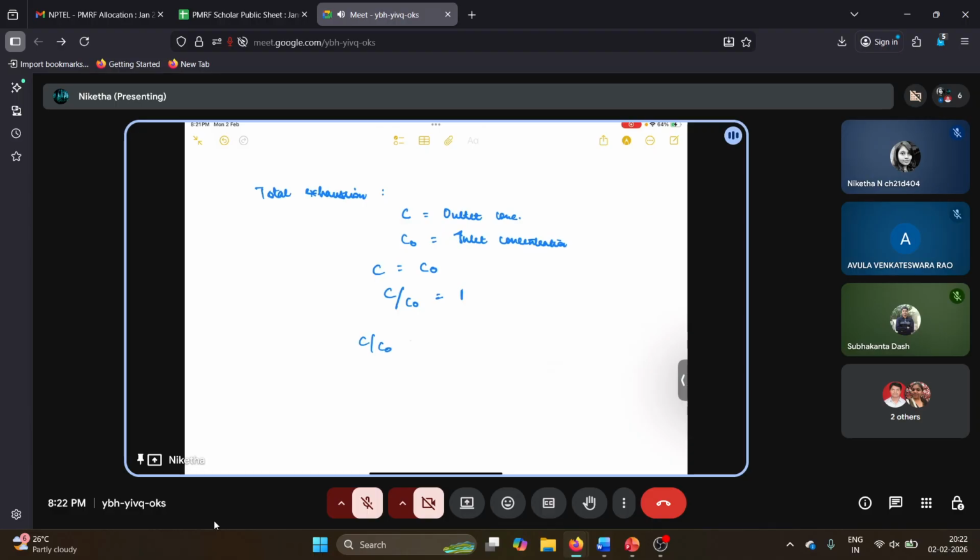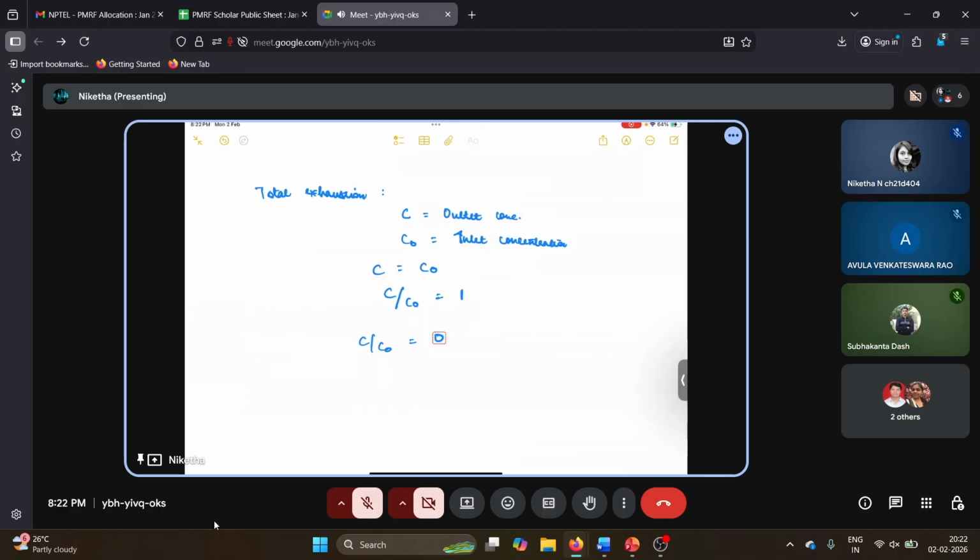And if C by C naught is 0, what does it mean? The outlet concentration divided by the inlet concentration is 0.